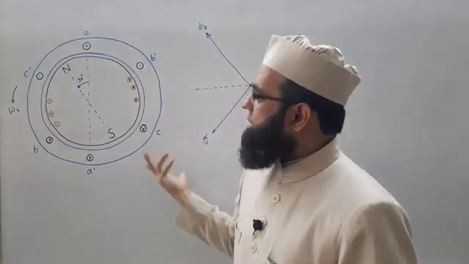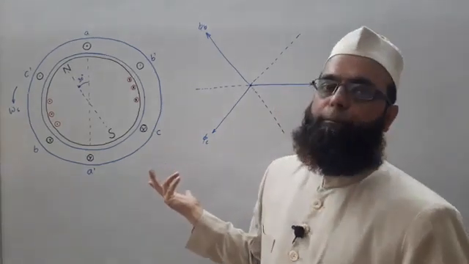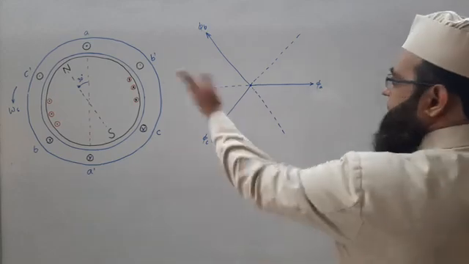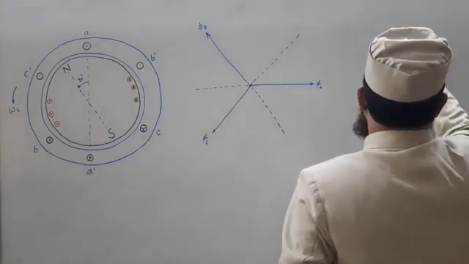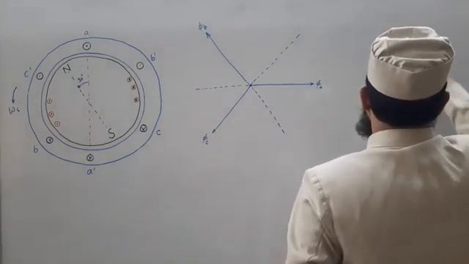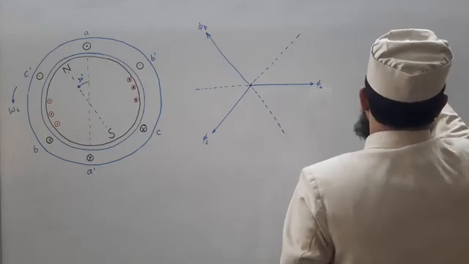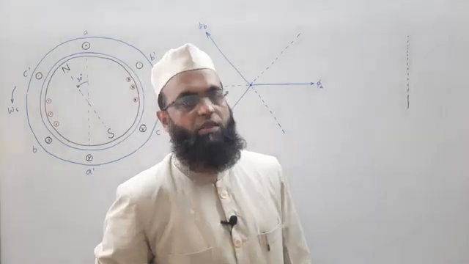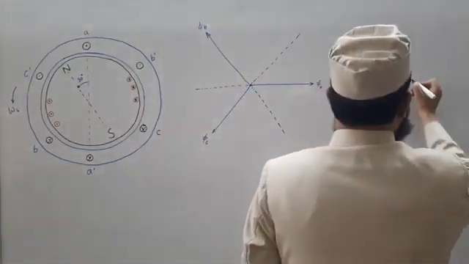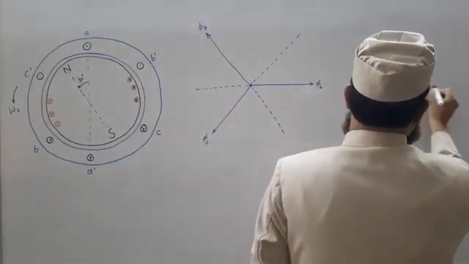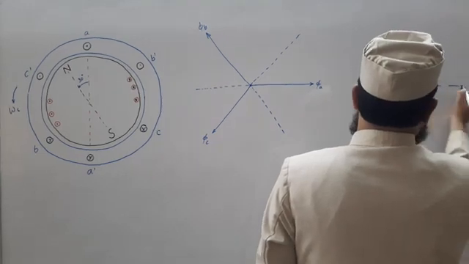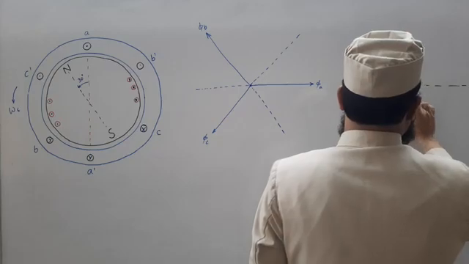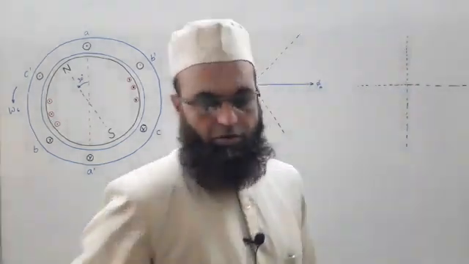So, the corresponding phasor diagram that we made earlier will be shifted. See, earlier we showed EA along the vertical axis. Now, let us make the vertical and horizontal axes. This is the vertical axis and this is the horizontal axis.